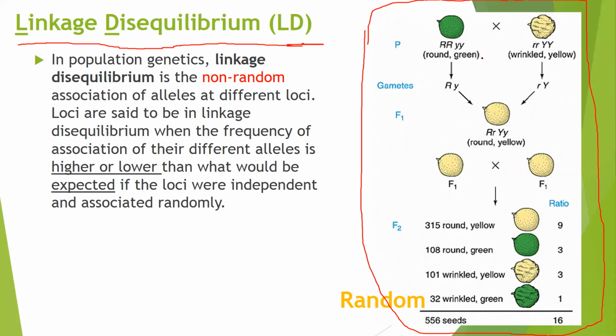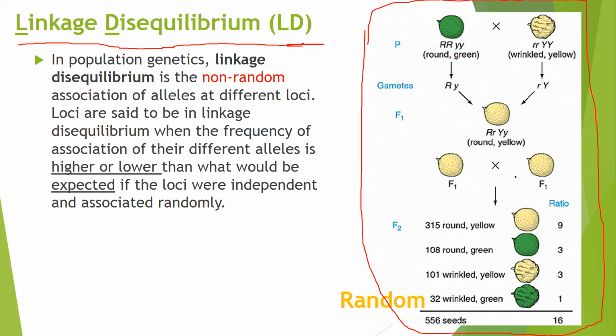Because when we talk about this diagram, we were talking about two genes that are independently assorted, which means these two genes are unlinked. They are on two different chromosomes, right?